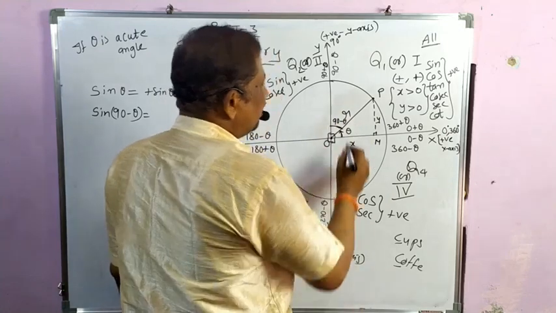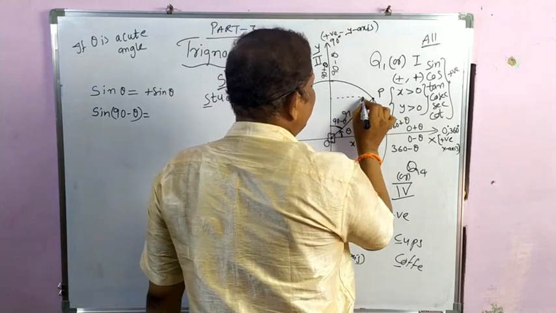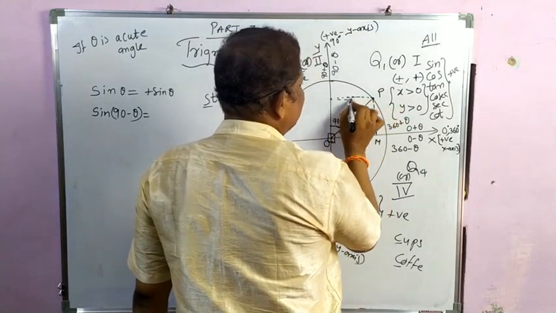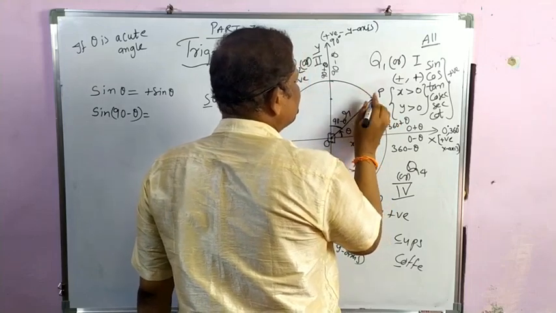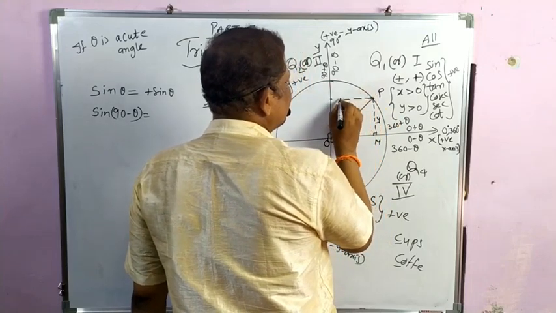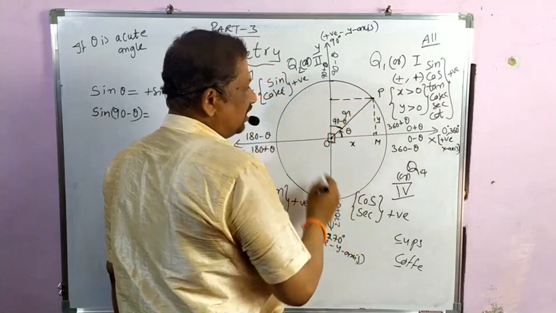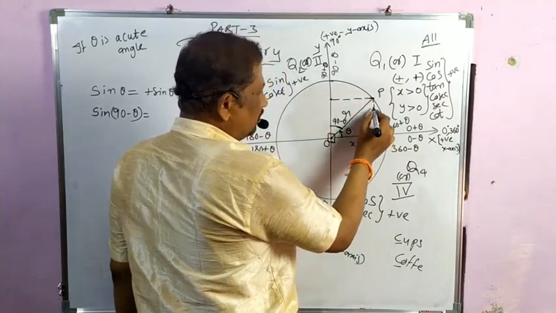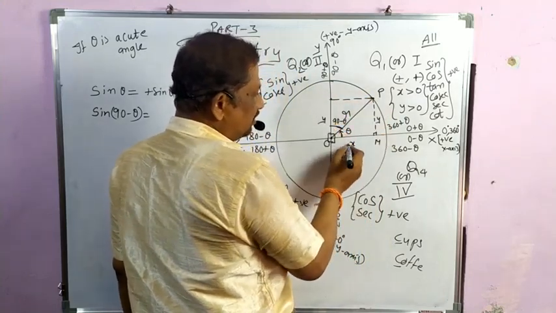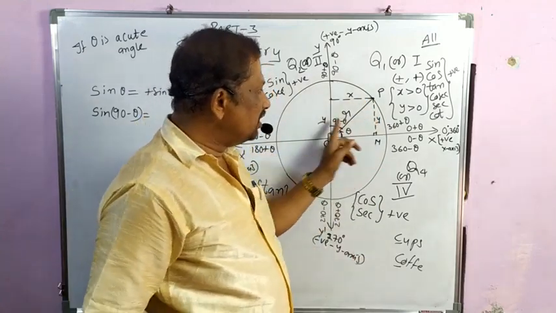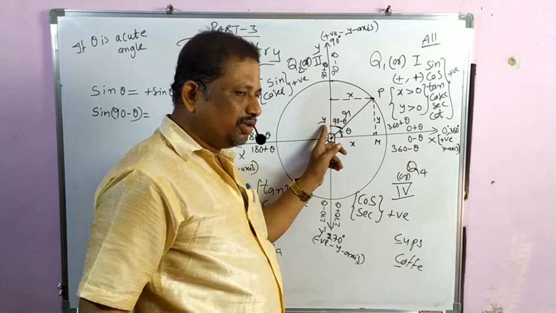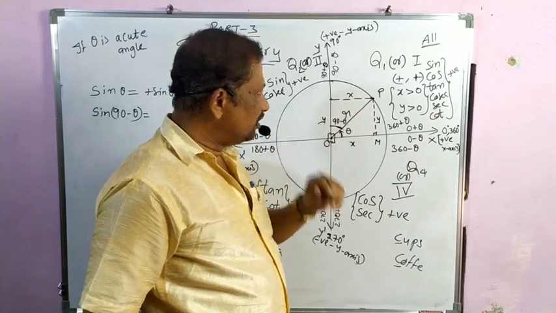So in this right angle triangle, carefully observe. This y we measured on the y-axis. This x is measured here because it is a rectangle. Opposite sides are equal. This is y, so this one also becomes y. This is x, so this one also becomes x.